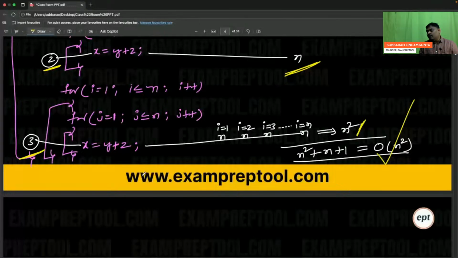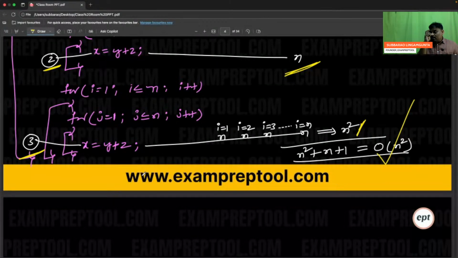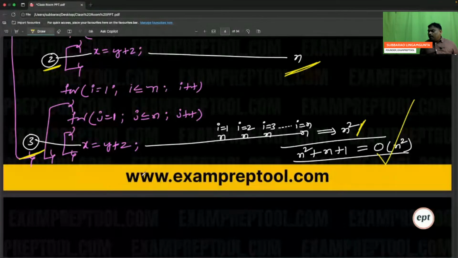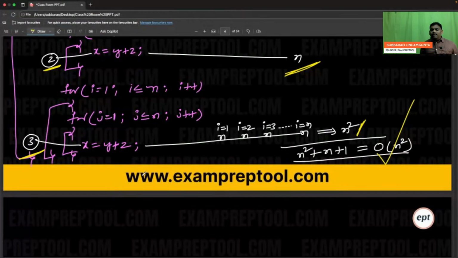The place where the CPU spends more time is loops only. If more loops are there, take the bigger loop. Actually, you have to calculate the total, but it is approximately equal to the bigger loop only. Time complexity means the bigger loop.